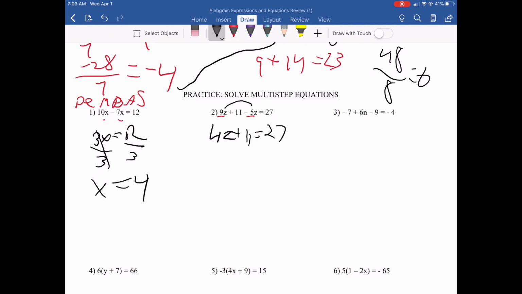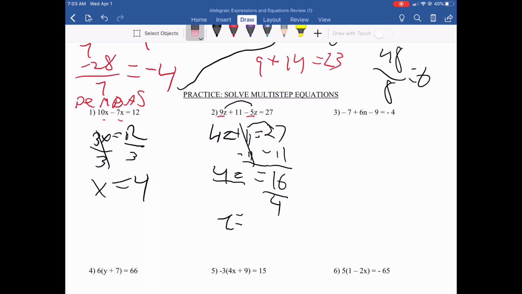Now I want to get the z by itself. So we're going to do the opposite. I'm going to take it over there. Negative 11. Negative 11 equals 16. 4z. Divide both sides by 4. Z equals 4.